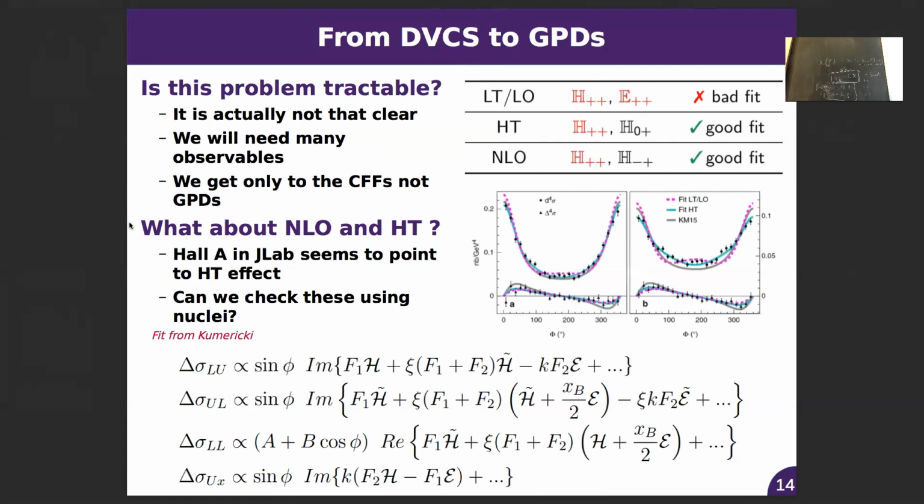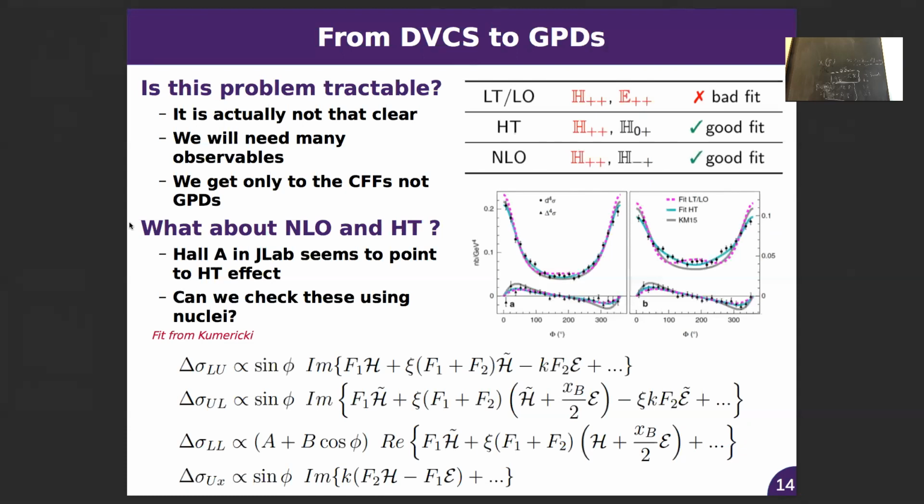And there is another question, which is next-to-leading order and higher twist. Recently there was a publication of those data, and I won't go into the debate about them, which is very complicated, but what they're arguing is that you can describe those data using either next-to-leading order or higher twist. The thing is, when you do that, eventually you get more GPDs, and so it starts to be a complicated business.